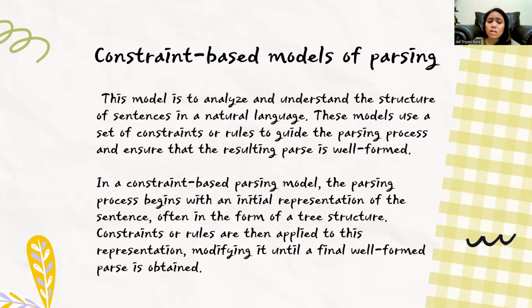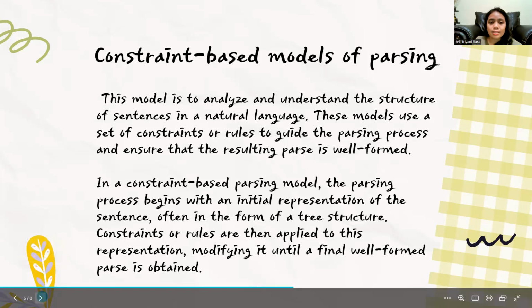In a constraint-based parsing model, the parsing process begins with an initial representation of the sentence, often in the form of a tree structure. Constraints or rules are then applied to these representations, modifying them until a final well-formed parse is obtained. So this is about constraint-based models of parsing.